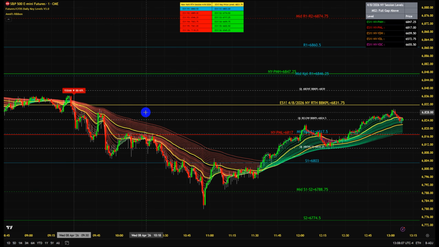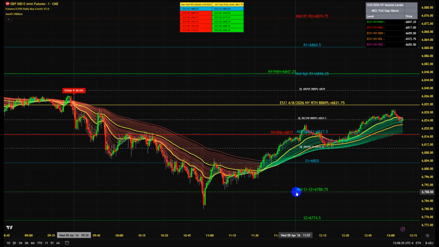If you're adding a profit buffer, that's really going to be trader's choice as to how much of a profit buffer you want to add on top of break even. That could be as little as, say, 4 ticks, which would be 1 point, or you could use the key levels as a gauge here. So let's say you were at this level right here when you're making the adjustment.